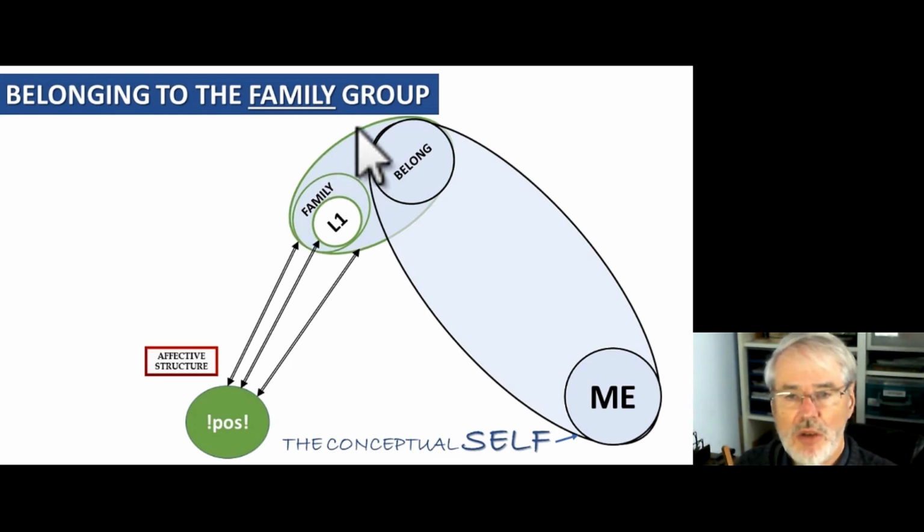This is a composite conceptual structure which involves the conceptual self, which I think I mentioned earlier, me. This is the me, the meaning, me, and this shows how this is associated with something that I belong to, namely a family, and this family is associated with a particular language which we'll call the home language, or the L1.